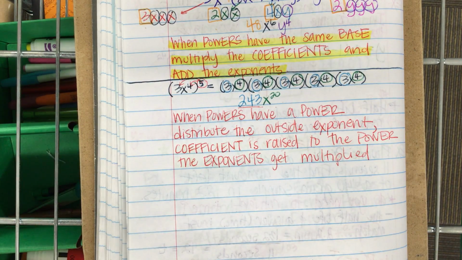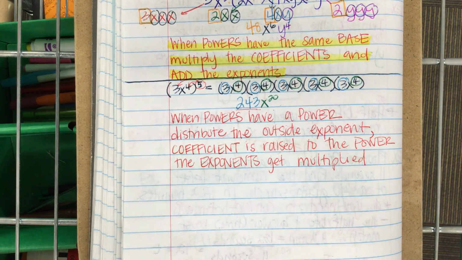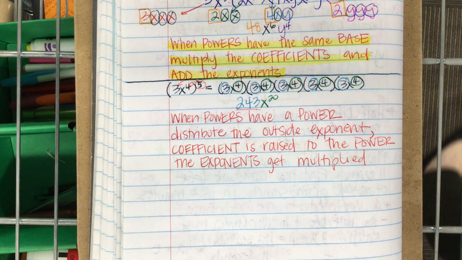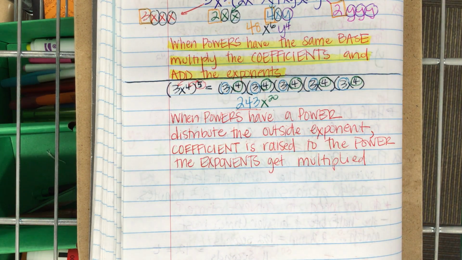When powers have a power, when an exponent has an exponent, you distribute the outside exponent. So that 5 comes inside to every number. The coefficient is raised to the power, so it's 3 to the 5th. But the exponents, the powers themselves, the little tiny numbers, it's not 4 to the 5th, it's 4 times 5.